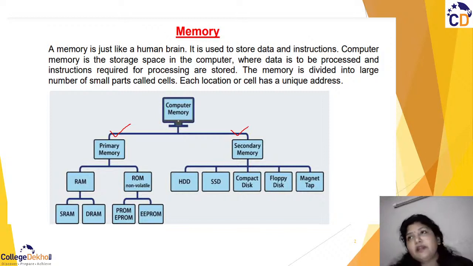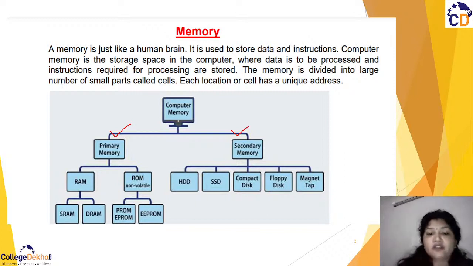In secondary memory, in today's life, we are using hard disks, SSDs, and pen drives. Earlier we were using CDs. Now in our laptops there is no provision for CDs. Why? Because we have switched to advanced hardware.